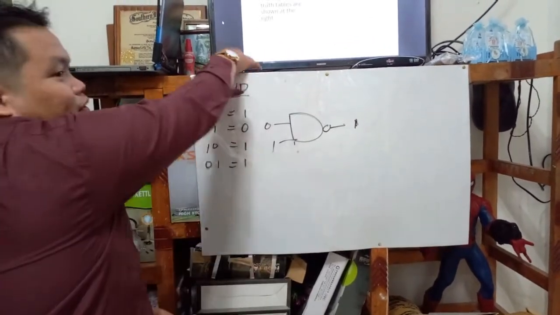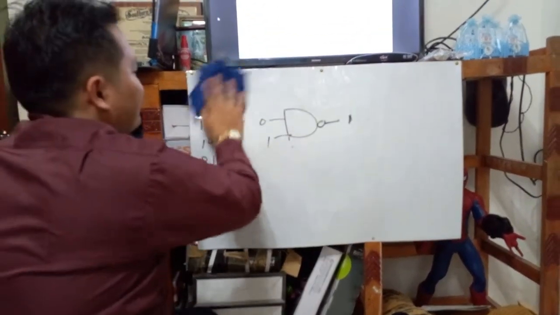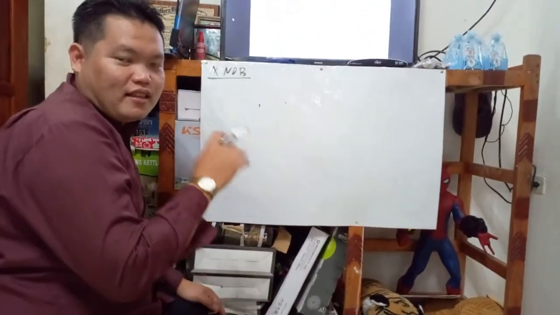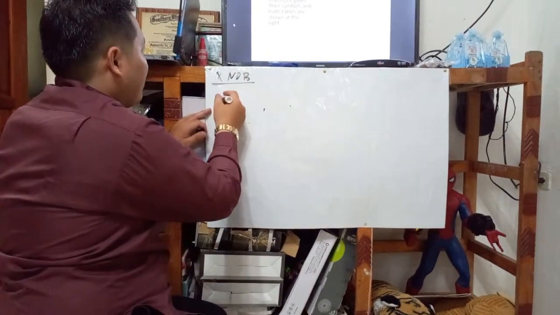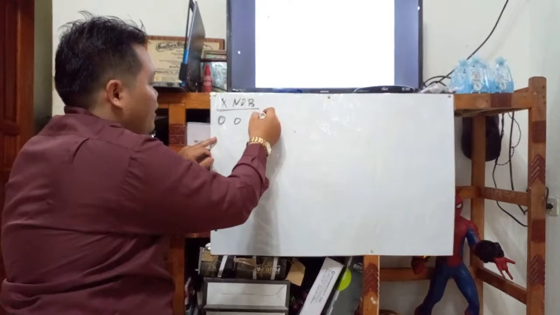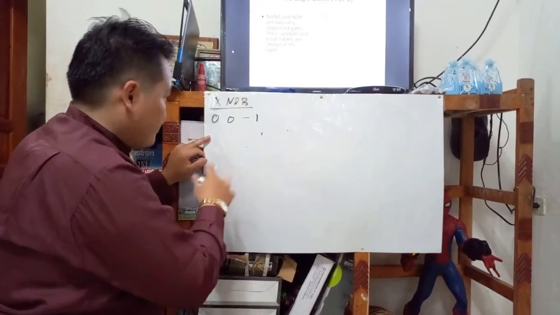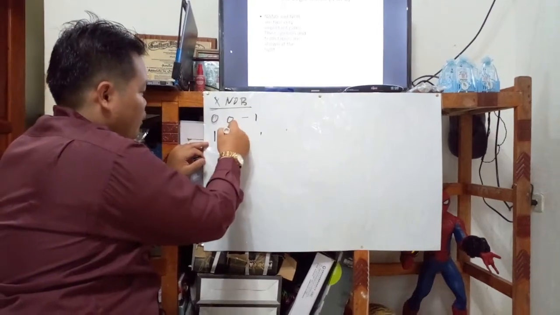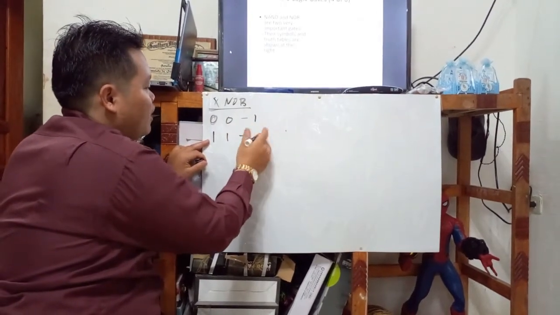So let's proceed for the XNOR. So sa XNOR, same ra gihapon siya og concepts sa XOR, but different na siya if ang imong gi-input is not the same. So meaning if ang imong gi-input is all false, your answer will be true. So reverse gihapon, same sa NAND kaganina. So if imong gi-input is all true, mahimo siyang false.